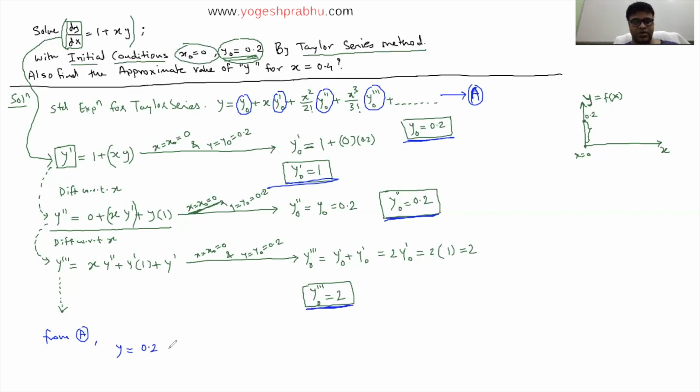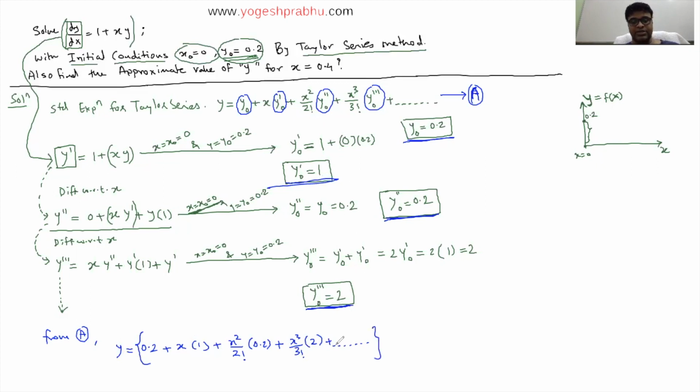This is 0.2 plus x times y naught dash, which is 1, plus x square upon 2 factorial times y naught double dash, which is 0.2, plus x cube upon 3 factorial times y naught triple dash, which is 2, and so on and so forth. So this is basically an expression that we have got. This is the expression for y, written in terms of the powers of x.